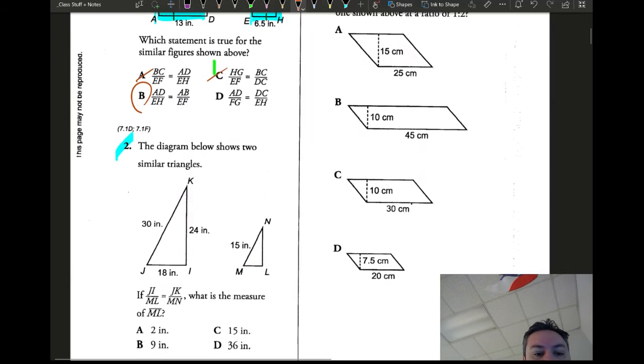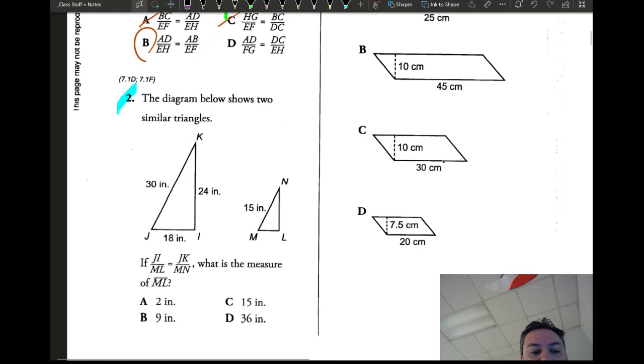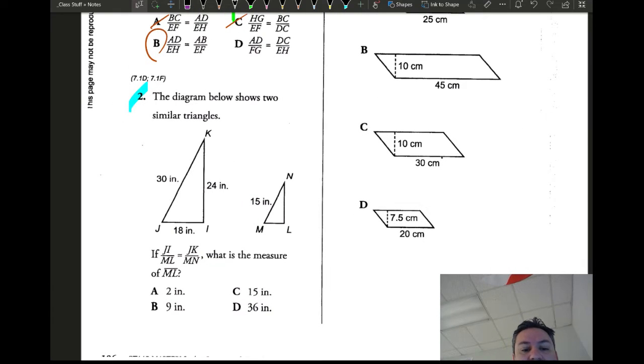Number 2, the diagram below shows two similar figures. I have two right triangles. Some of them are missing lengths, okay? So again, just like always, 1, 2, and 3, 1, 2, and 3.